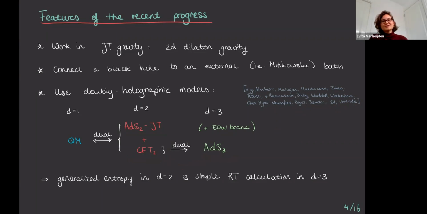And because the de Sitter model that I will introduce is along similar lines, I will very briefly review this construction in BTZ. So again, let me highlight that the most important tool that we will use is that these generalized entropy computations in 2 dimensions are now geometrized in the 3D system.